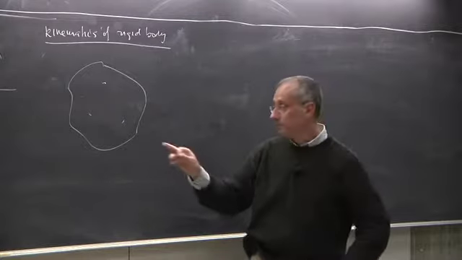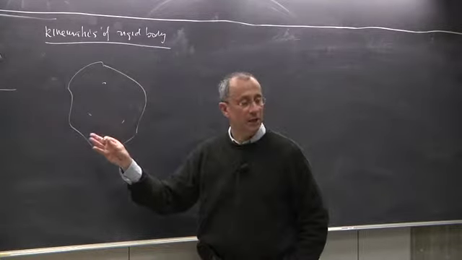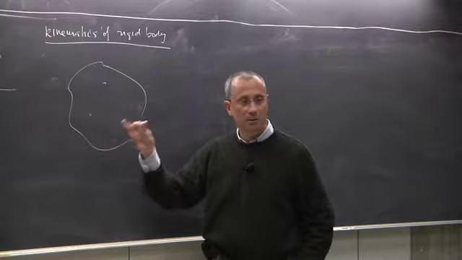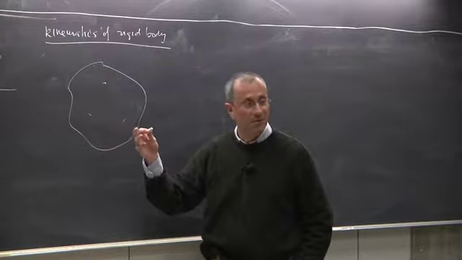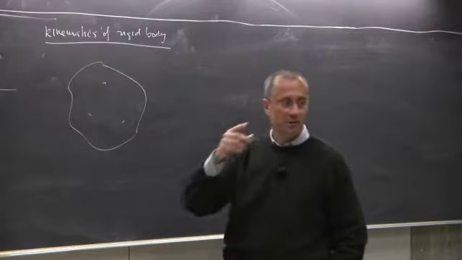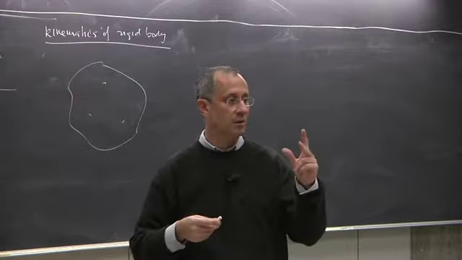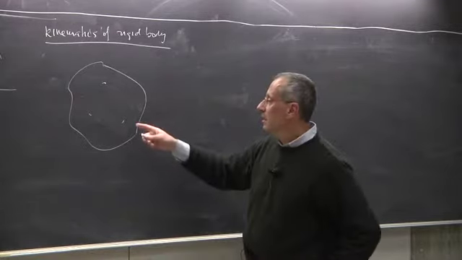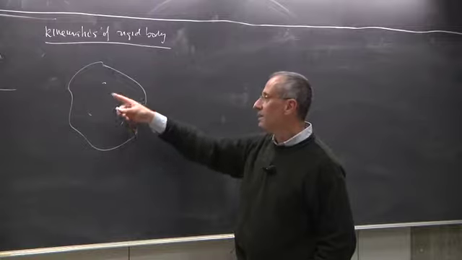So 3 points, how many degrees of freedom? 9, right? It's 3 times the number. Each point 3, you have 3 points, 3 by 3. So why did I say 6?